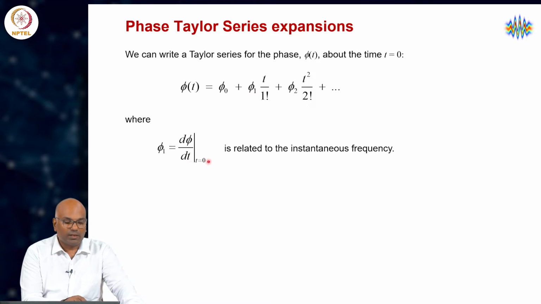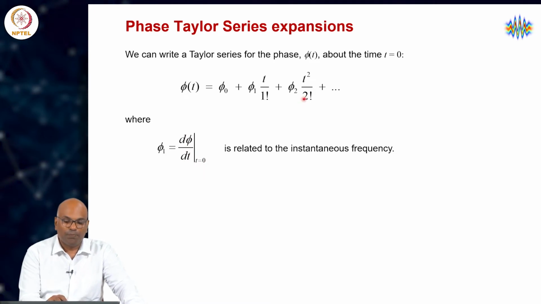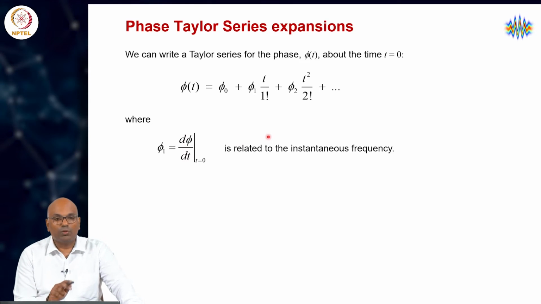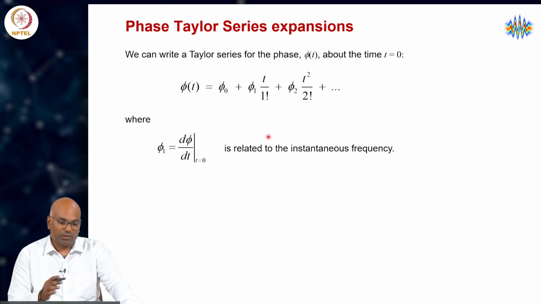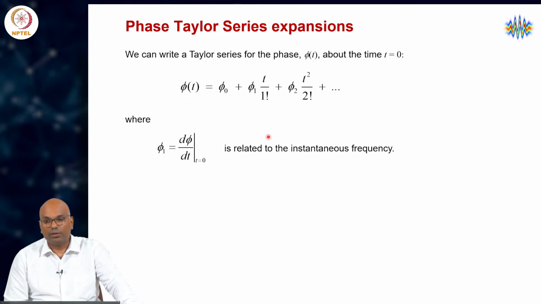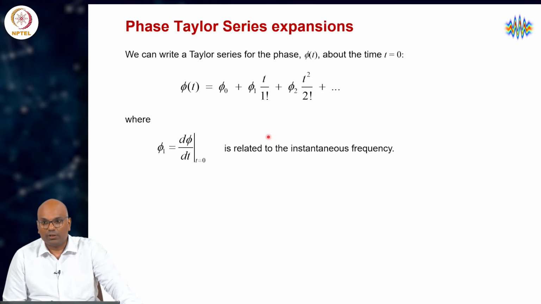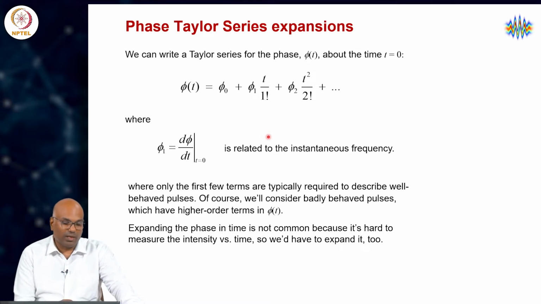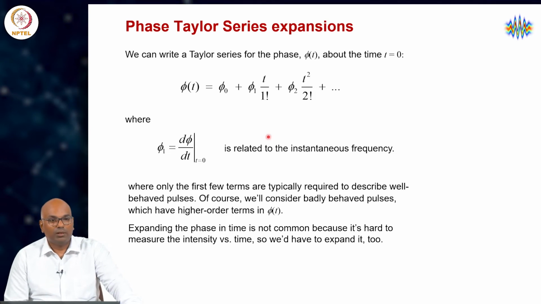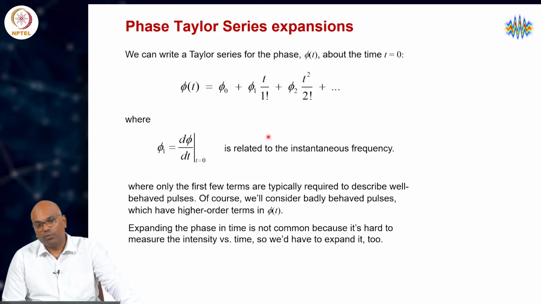In fact, it is computed at time t equal to 0, which is in some sense notionally the center of the pulse, or a quantity usually related to the maximum in the real amplitude function or the envelope of the pulse, right. So, a lot of the discussion presumes an intuitive notion of well behaved pulses, and we would also be using this formalism.